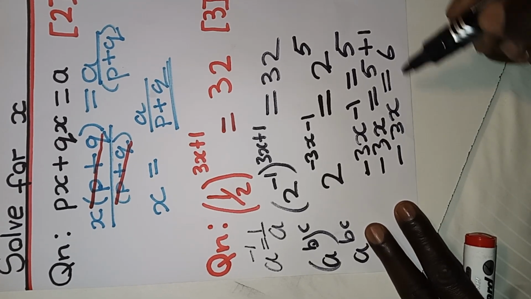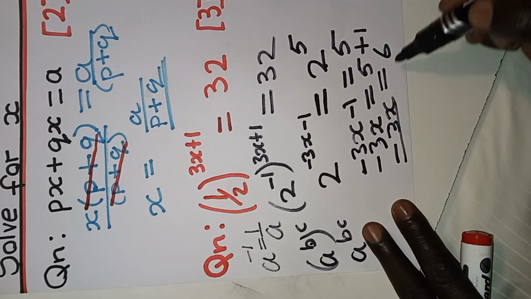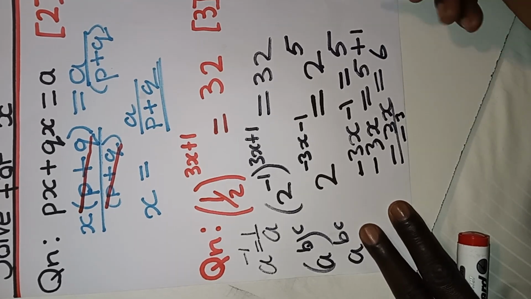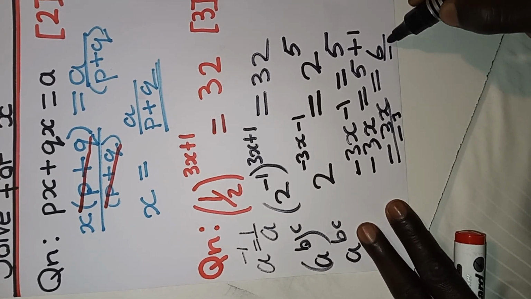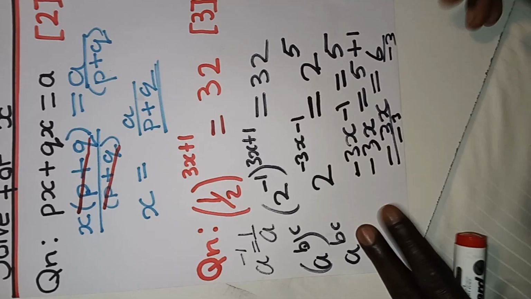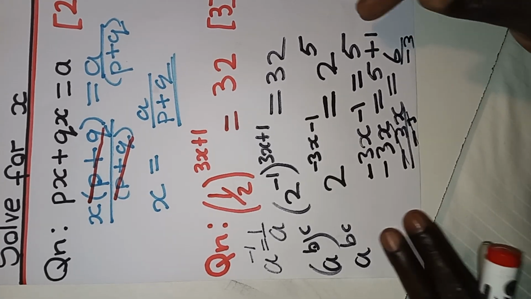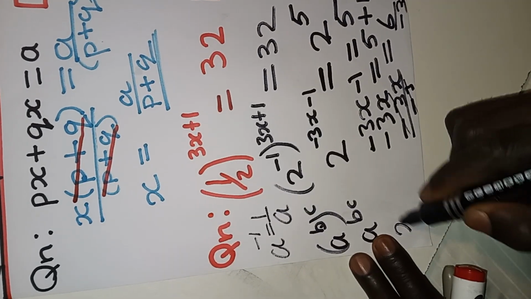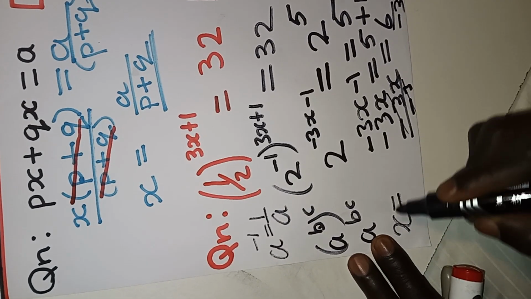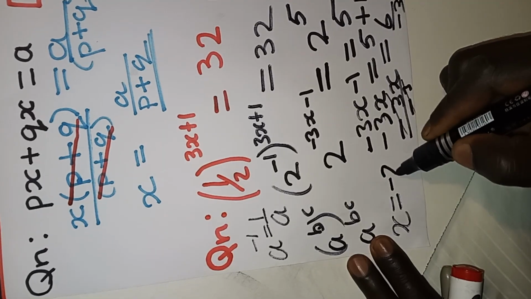To find the value of x, I divide both sides by minus 3. This part will cancel out, and finally x will be equal to minus 2.